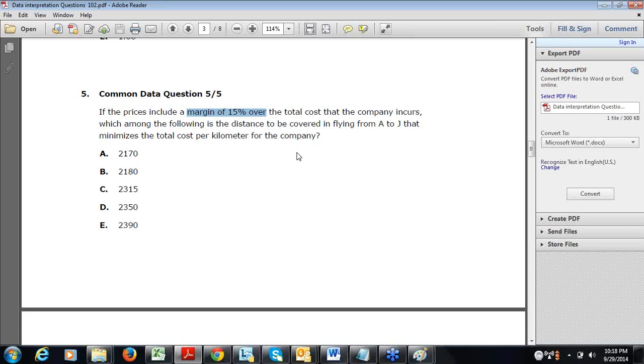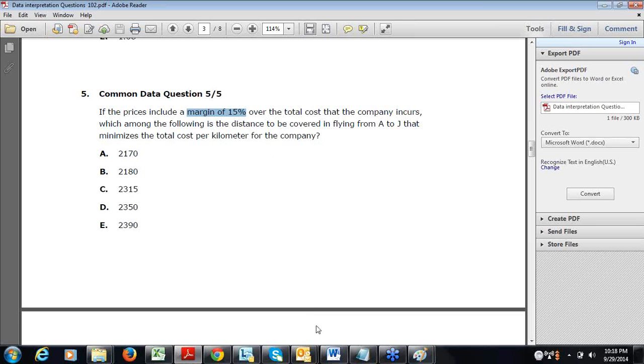So we'll go ahead and mark 2350. 2350 is the distance traveled for AHG, because the route won't change. Even if the margin changes, the route won't change. The route will be AHG only.